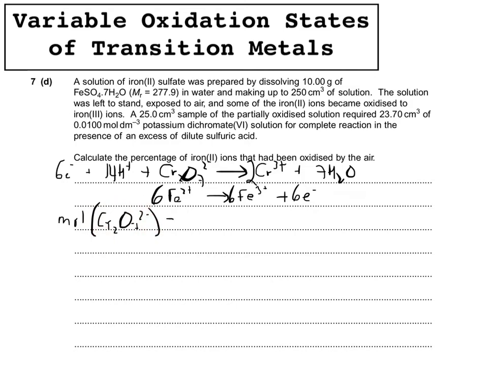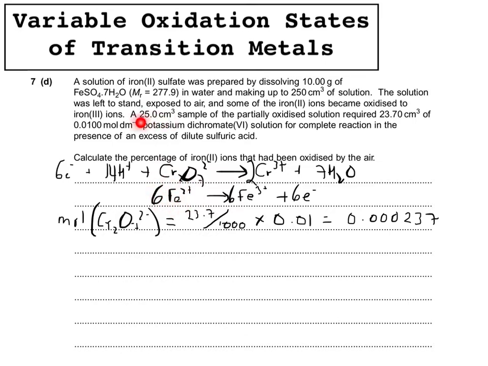And that's going to equal 23.7 divided by 1,000, times by the concentration, that's volume times the concentration, which is 0.01, and that gives us 0.0000237.